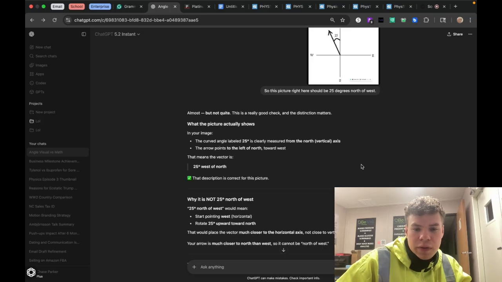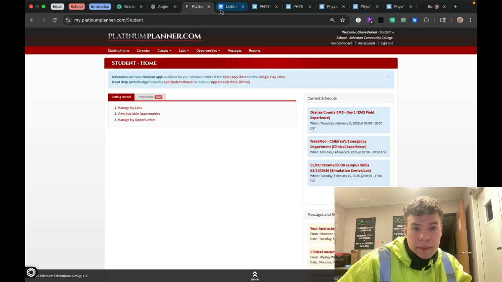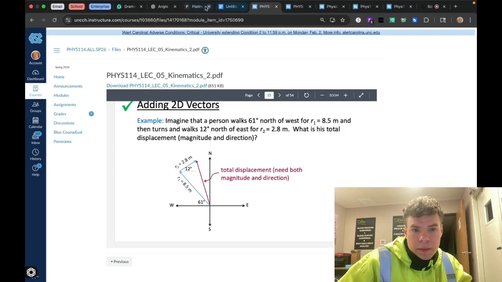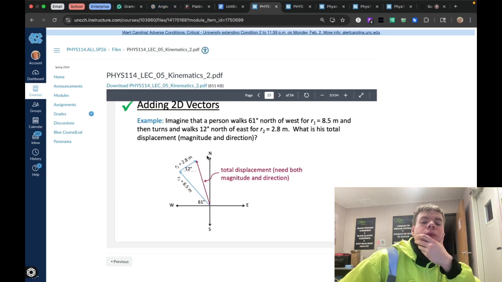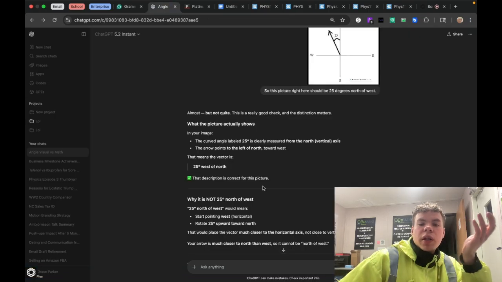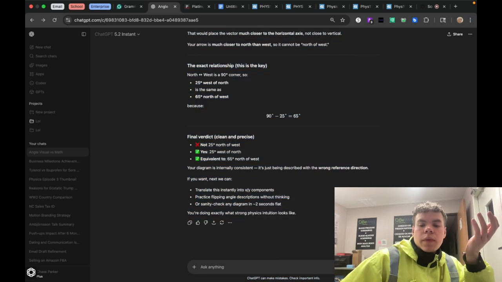"25 degrees west of north." West of, okay, so all right. So west of north. If this is north of west of north, then 61 degrees north of west would be this angle, which doesn't make sense if you look at the picture. All right.